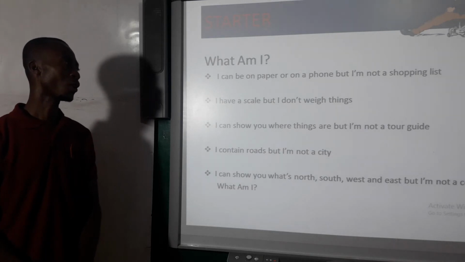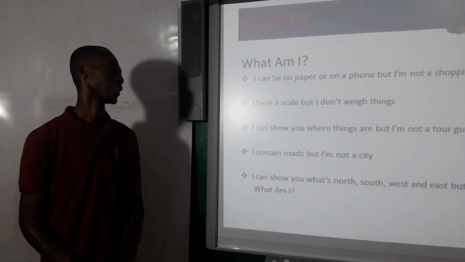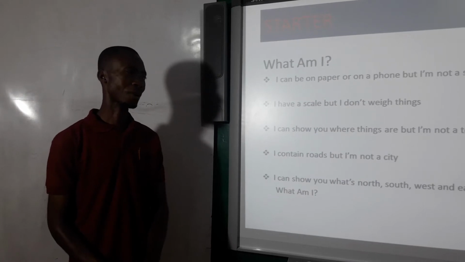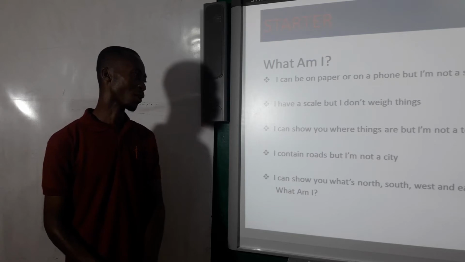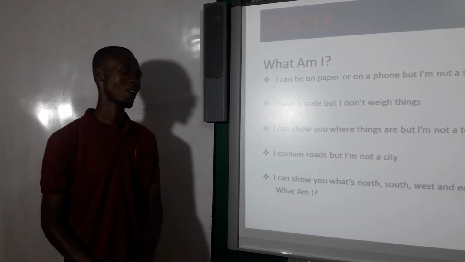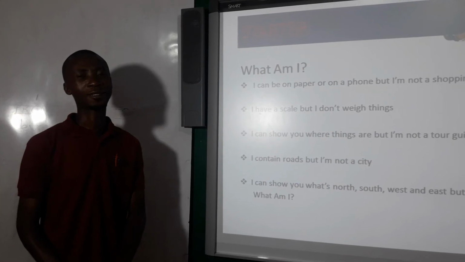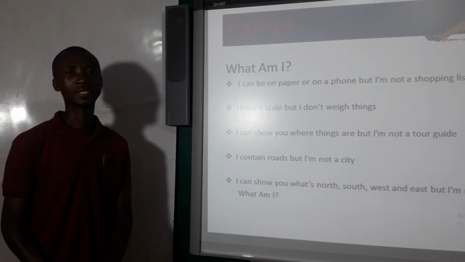I can show you where things are, but I'm not a tour guide. I contain roads, but I'm not a city. I can show you what is north, south, west, and east, but I'm not a compass. What am I?